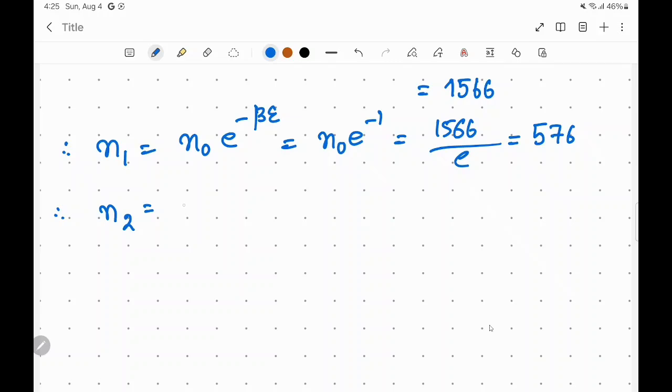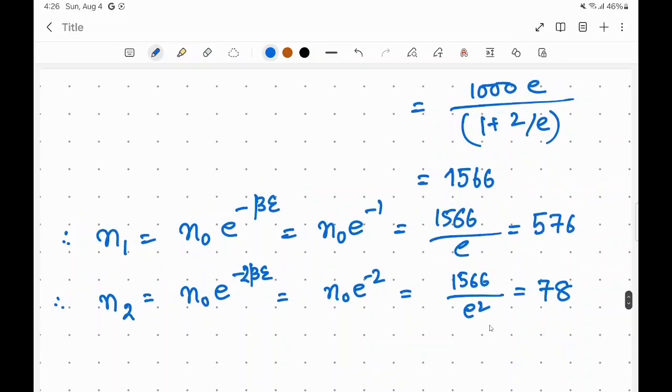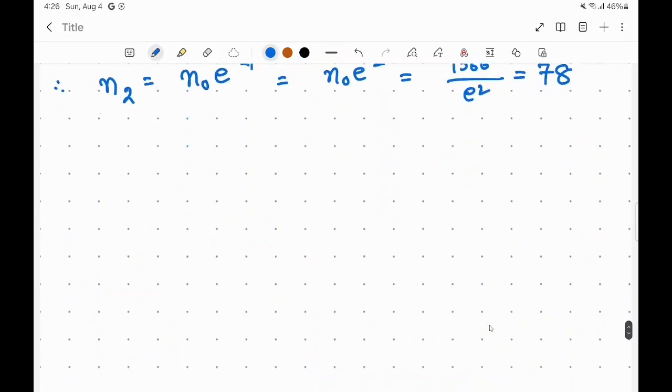And n2 is n0 into e to the power minus 2 beta. N0 e to the power minus 2, so 1566 divided by e square. So it is only 77.96, so let's say 78. This is the number of molecules. So we know N1, N2, and N0, and there are only three levels.